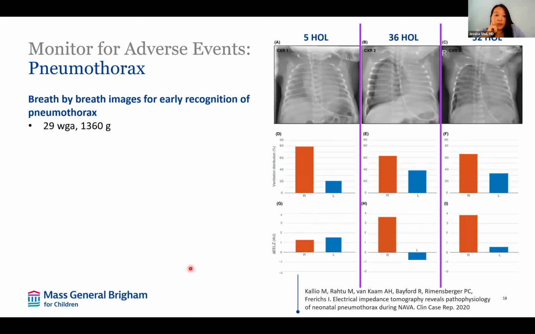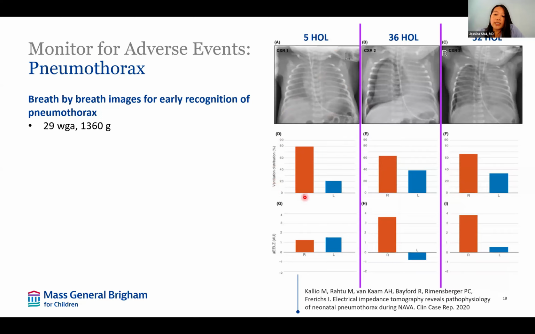This is a case report showing that EIT could detect pneumothorax. This is an example in a 29-weeker who, you could see here, had received surfactant endotracheally. This graph shows the distribution of ventilation.